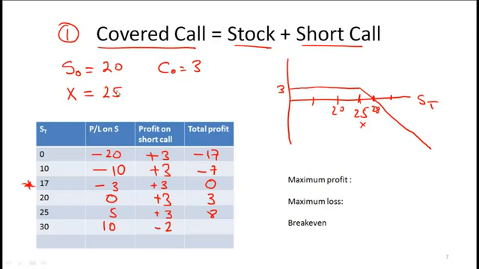So 30 minus 25 is 5, but the profit is 5 minus 3. Let me say that again. If the stock price goes to 30, then as we have seen earlier, our loss on the call option is 2, and the total profit, which is $10 from the stock and the $2 loss from the short call, leaves us at 8. So this represents our total profit on the covered call.